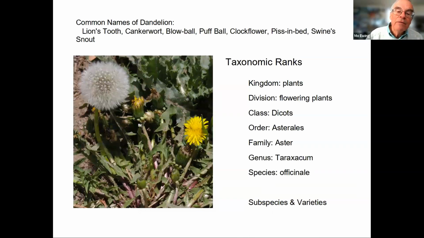the lobes of the leaf are recurved. So here is a leaf, and the bottom of that leaf is down here, and this little lobe of the leaf is curved back down the stem, and that's called recurved.